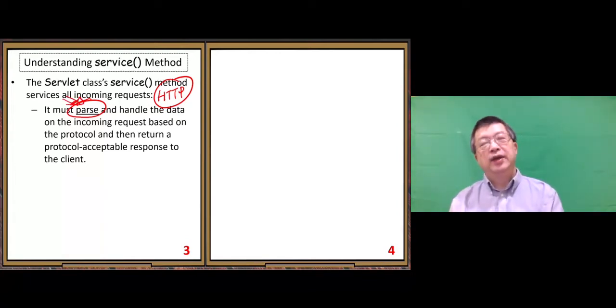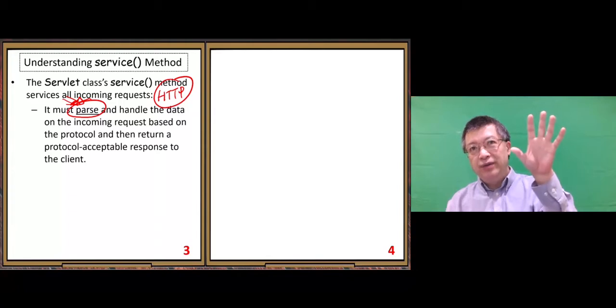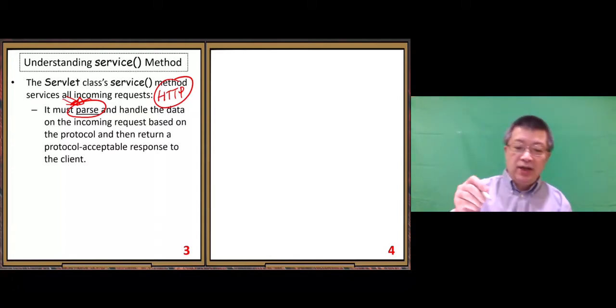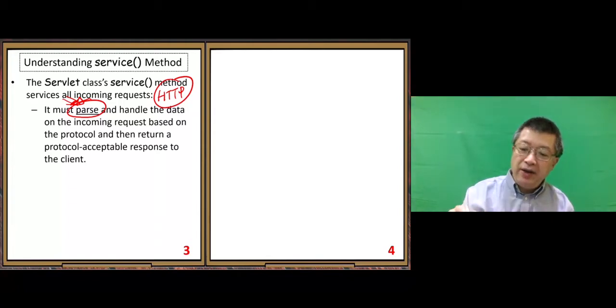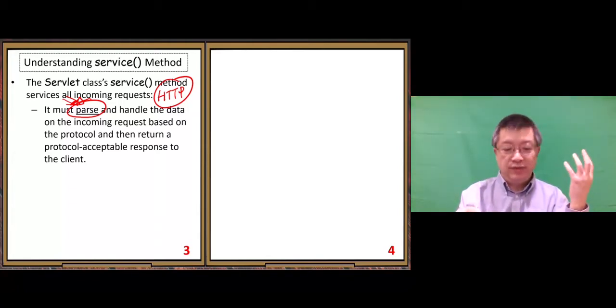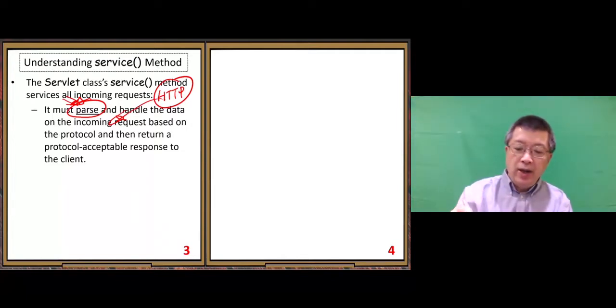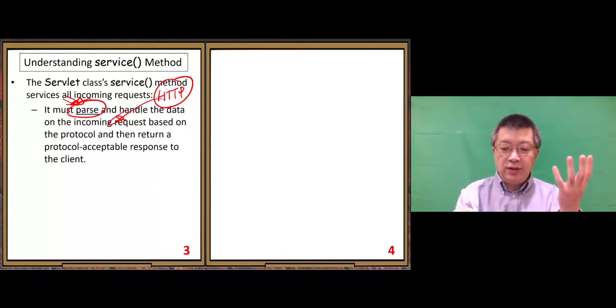We do not need to do that ourselves, the server does it, but we need to know what happened behind the scenes. So it must parse and handle the data on the incoming request, the incoming HTTP request, based on the HTTP protocol.